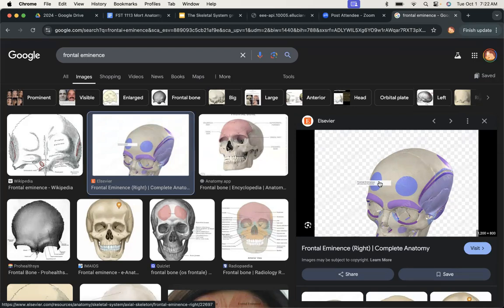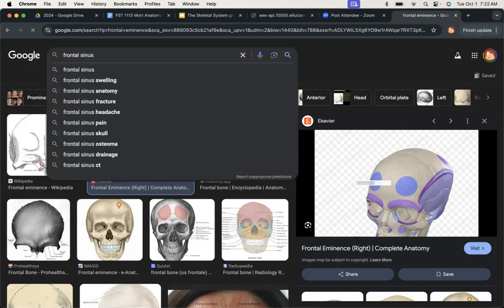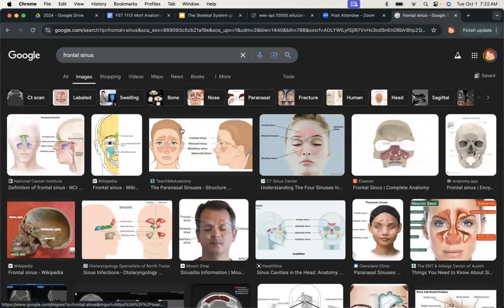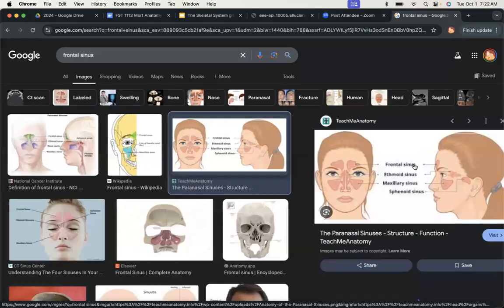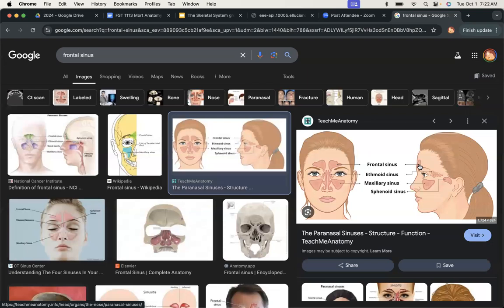And the frontal sinus. When you have a really bad sinus infection, you have pain all around your face. So you have sinuses on the frontal bone.